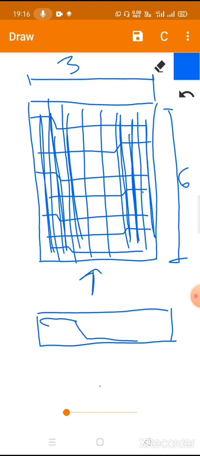This is the cranked-up portion. Another cranked-up portion. Because if we look at this slab from this side, we'll see both the cranks from this side and from this side also.